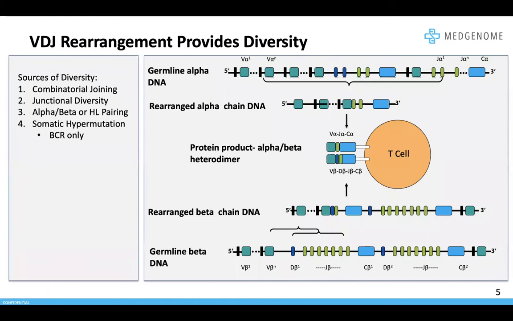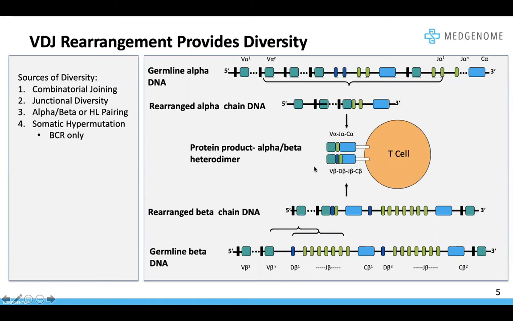So the thing that makes these TCRs and BCRs so interesting is that they're so highly diverse. And this allows them to recognize different types of pathogens or antigens. And this diversity comes from a few different mechanisms that I'll go over. So the first thing to show you here on this cartoon is a T cell with the T cell receptor.